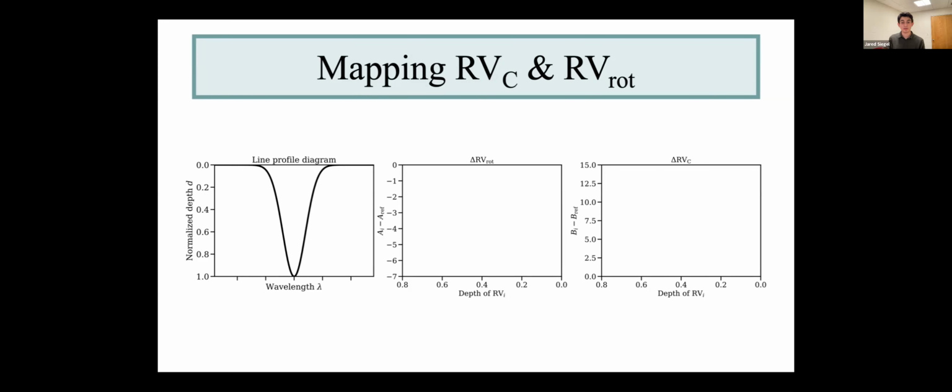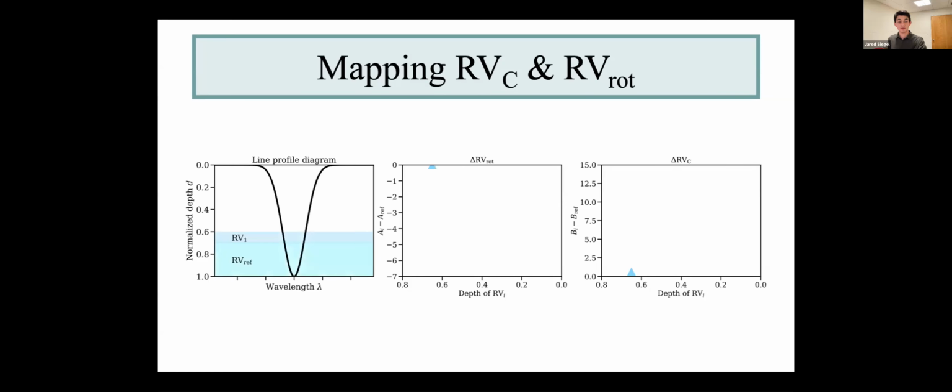And thankfully we can. The free parameters of our model are telling us two things. We give it two radial velocity time series, again, one calculated using an upper portion of the line profile, another calculated using the bottom portion of the line profile. And the free parameters are just telling us what is the difference in amplitude of the rotation and convection perturbations.